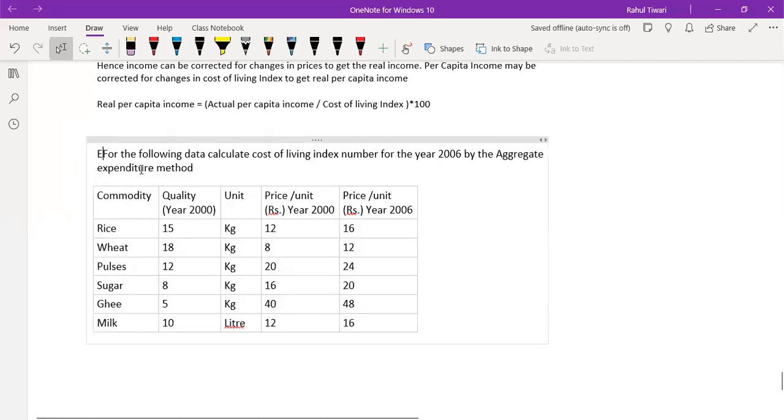Example number 1. For the following data, calculate the cost of living index number for the year 2006 by the aggregative method. Okay, we have to use the aggregative method. So what does the aggregative method say?